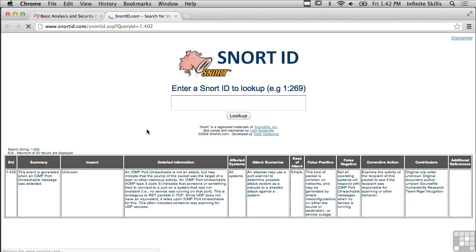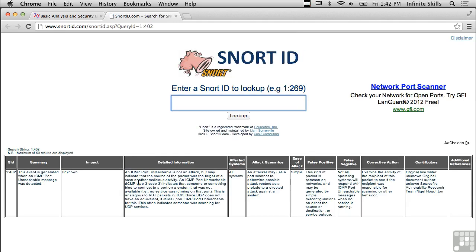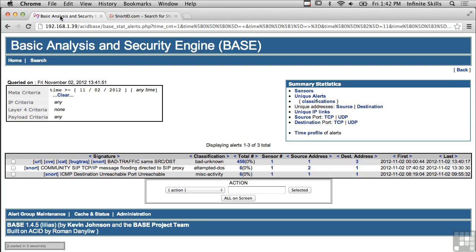We could actually bring this up and have it tell us what the problem specifically is, and we could get more detailed information. You can see the summary here is this event is generated when an ICMP port unreachable message was detected, and then there's the detailed information and also attack scenarios, as well as false positive information, and it tells you how to actually fix the situation that may have actually caused this problem.